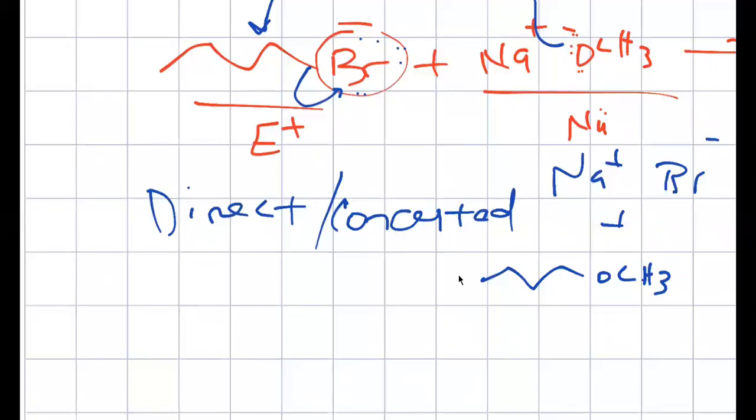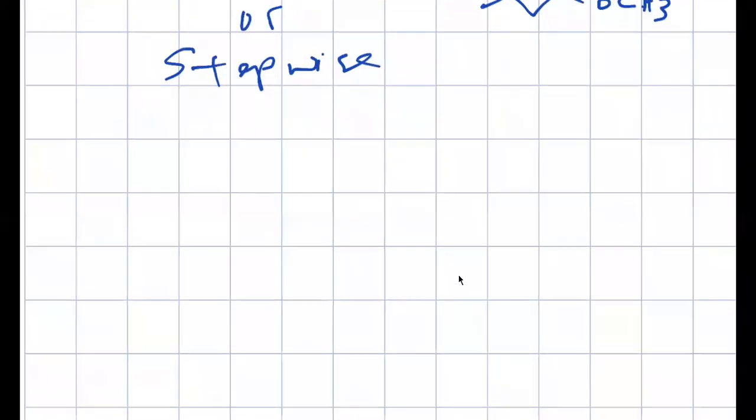Or it can be stepwise. This is not an example of a stepwise substitution, but I have several examples that we're going to look at. So it can be concerted or stepwise. Same thing with elimination. Let me show you an example of an elimination.